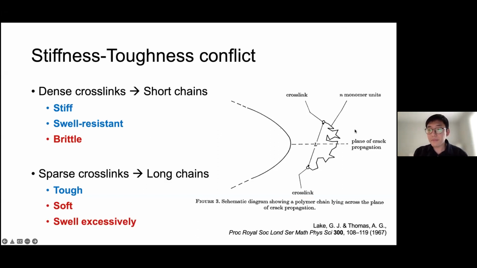This model was introduced in 1967, and it still works very well. At the crack tip, there will be a polymer chain. As we stretch the sample, this polymer chain will be stretched into a line.